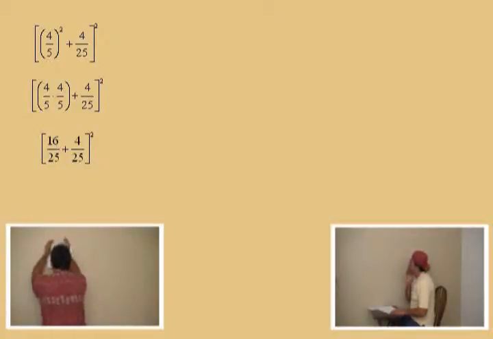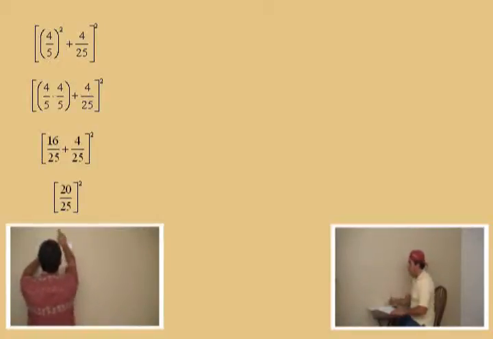Okay, Charlie? And so, what's 16 apples plus 4 more apples? 20 apples. Very good. So, what is 16/25 plus 4/25? 20/25. Very good. And don't forget that quantity there is squared. So, now, notice, Charlie, here we have 20/25 squared.